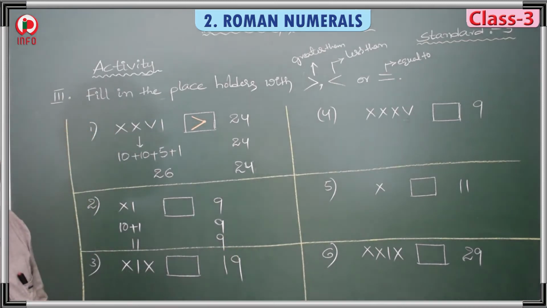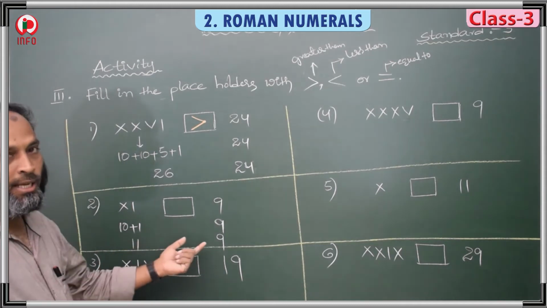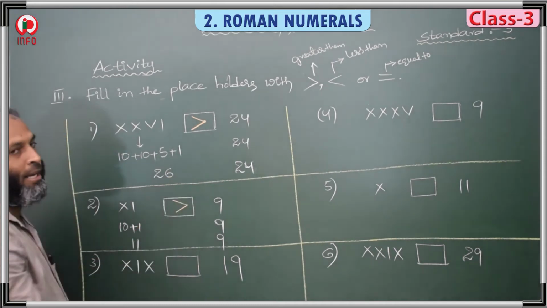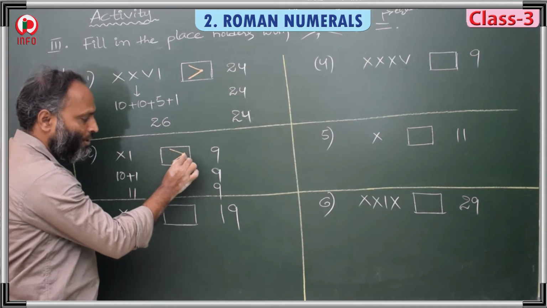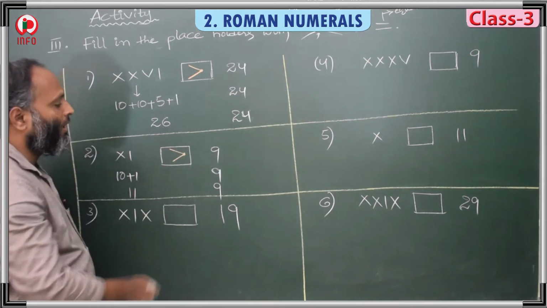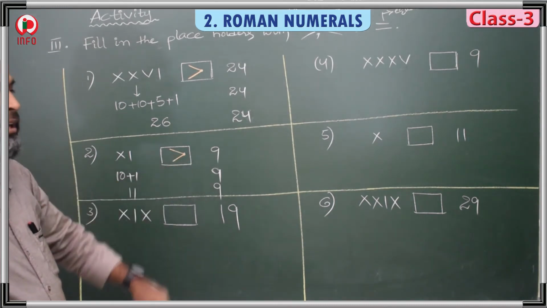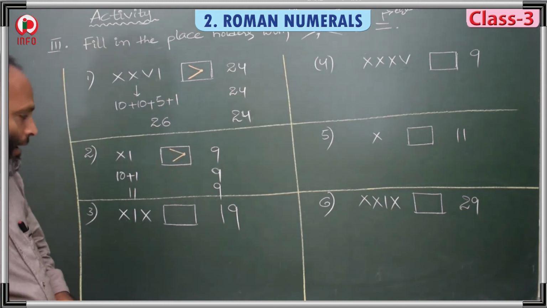In 11 and 9, 11 is bigger than 9, so again the greater than symbol. 11 is greater than 9. The intersection portion should always come on the lesser value side, which means the greater than symbol. 11 is greater than 9.